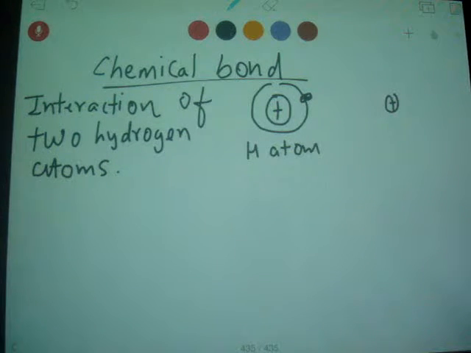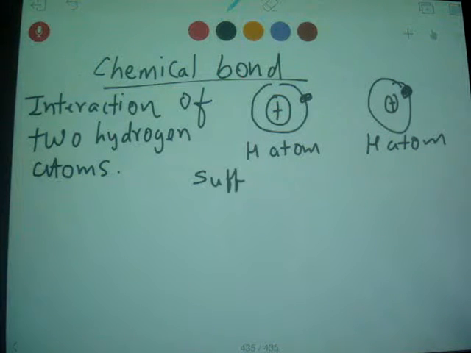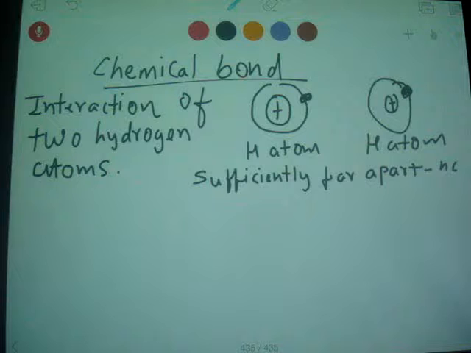This is an H atom, and here is another atom. When they are sufficiently far apart, there will be no interaction.